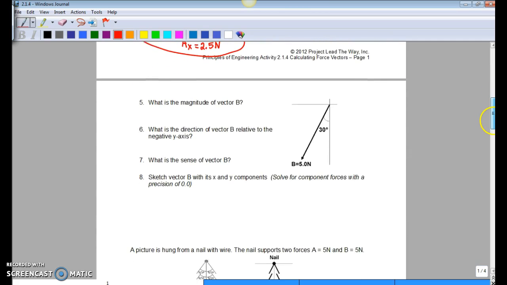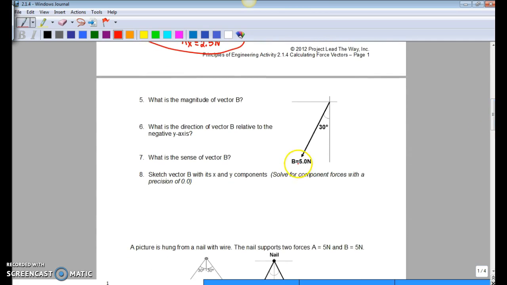Quickly moving on to number 5. Magnitude, again, magnitude's right here. It's given 5 newtons. What is the direction? Now again, direction, you need your angle in clockwise, counterclockwise. So again, relative to the negative y-axis, like we had in our last problem, here it is. We're still 30 degrees off of that axis, but in this case, we're 30 degrees clockwise.